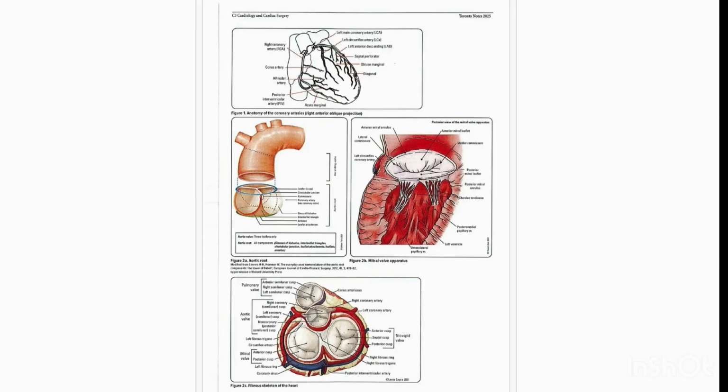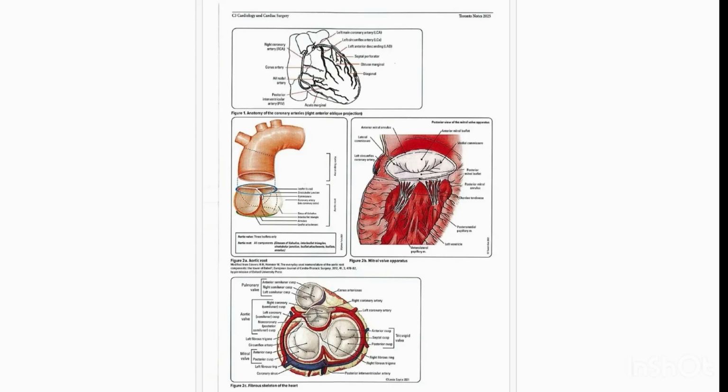Looking at the RCA, it travels down the right side of the heart, giving off the conus artery and the AV nodal artery before branching into acute marginal vessels. It typically terminates as the posterior interventricular artery, also known as the posterior descending artery or PIV.